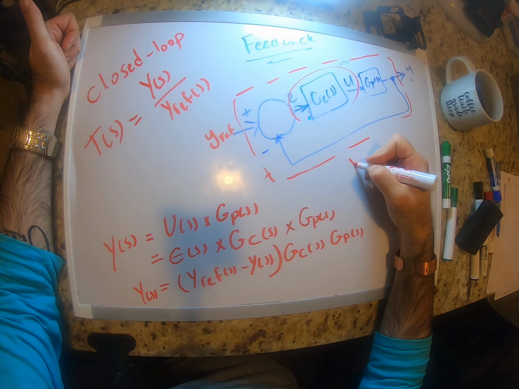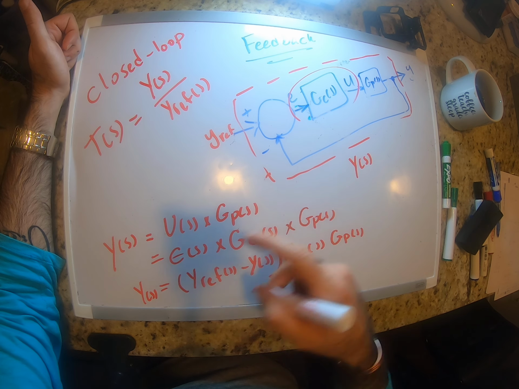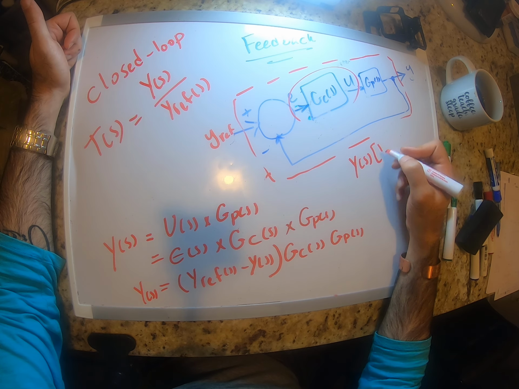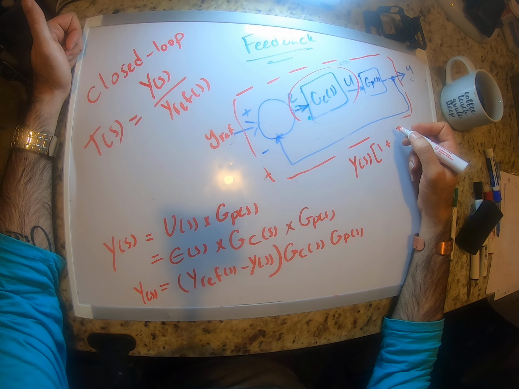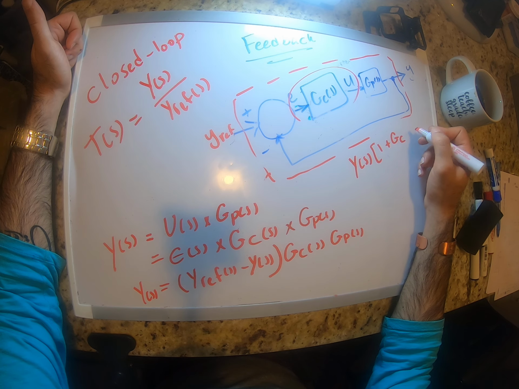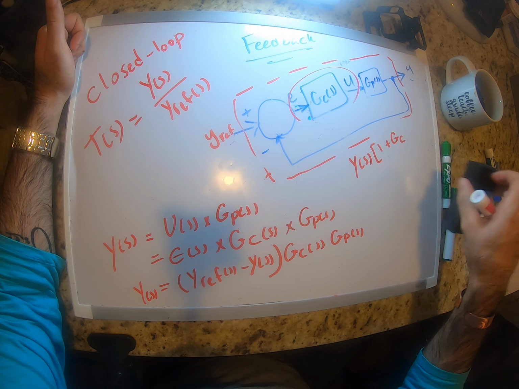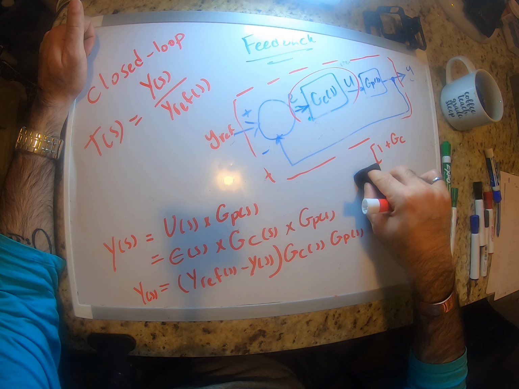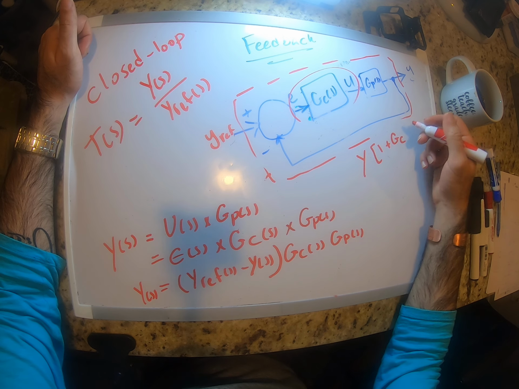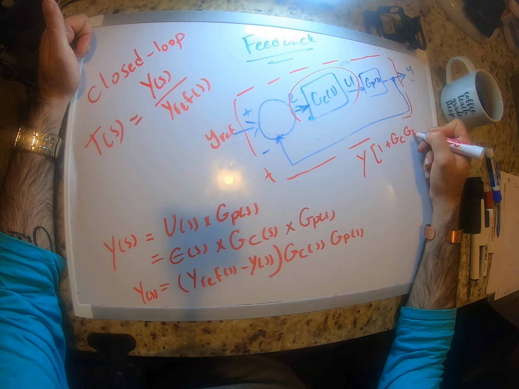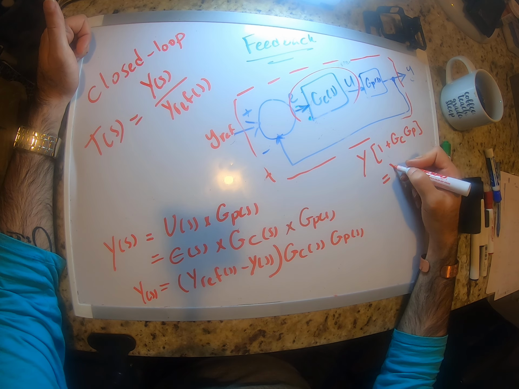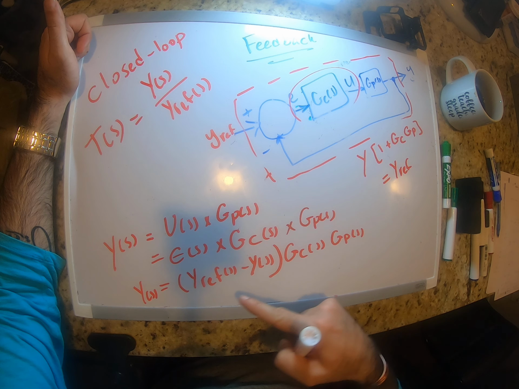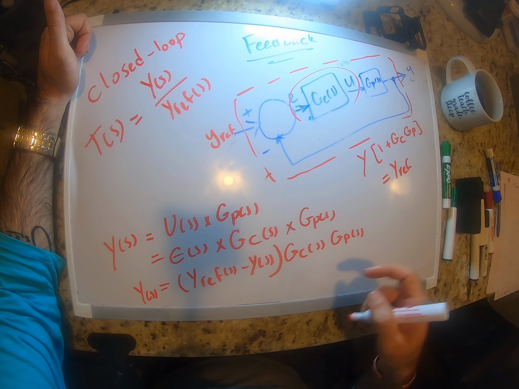So if I factor out Y of S, there's a 1 here, and I'll take this one to the other side, 1 plus G_C G_P. I'm just going to ignore the S's here. Keep in mind that these are all in the S domain. G_C G_P, I took this one there, and it is equal to Y ref times G_C G_P.